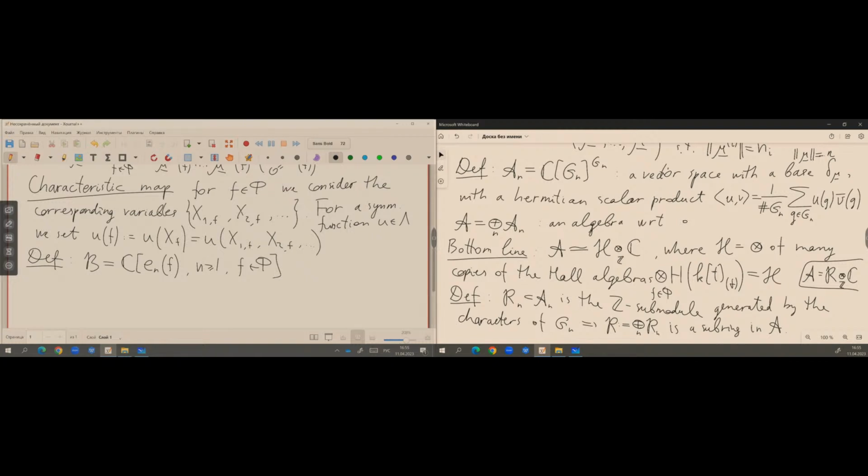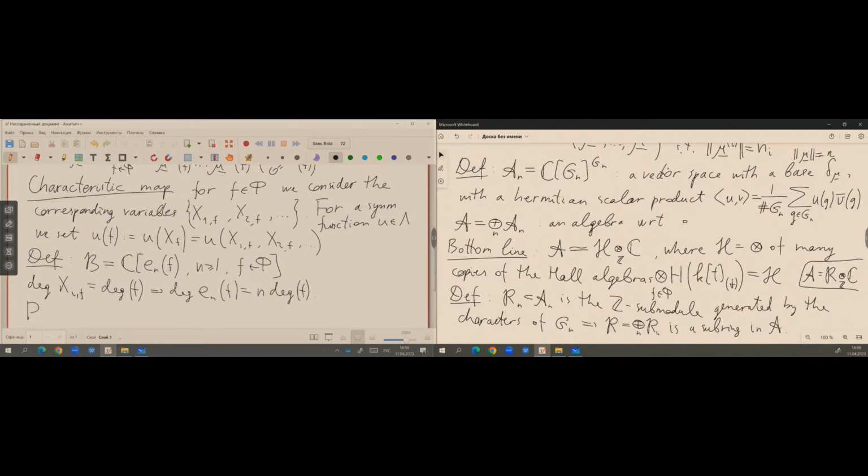Now what we also say: the degree of variable x_i^f is equal to the degree of polynomial f, and hence the degree of this e_n of f is n times the degree of f.